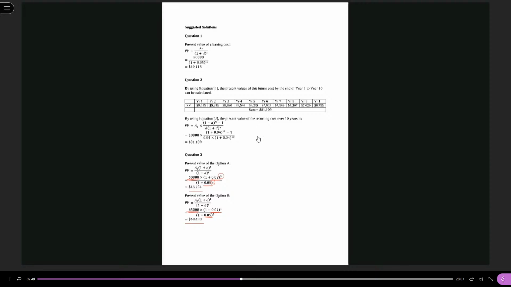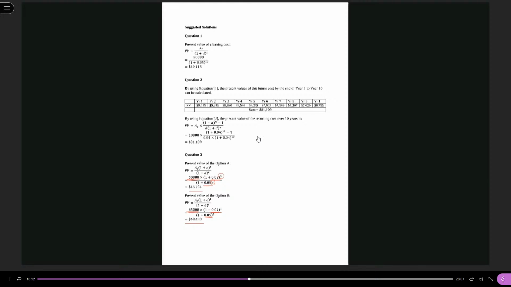Actually, for this subject, it is only an introduction to life cycle cost analysis, so the calculations will not be too difficult, and all these equations will be given. You don't need to memorize the equations, you just need to know how to apply them.